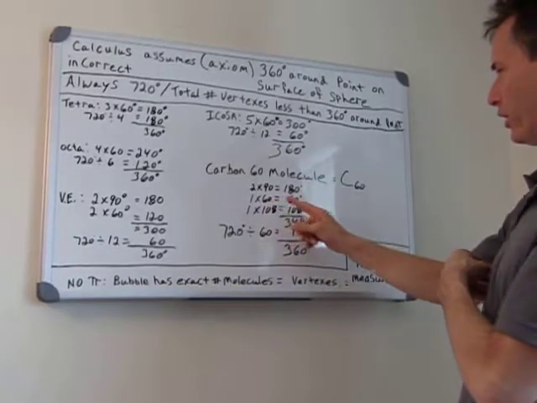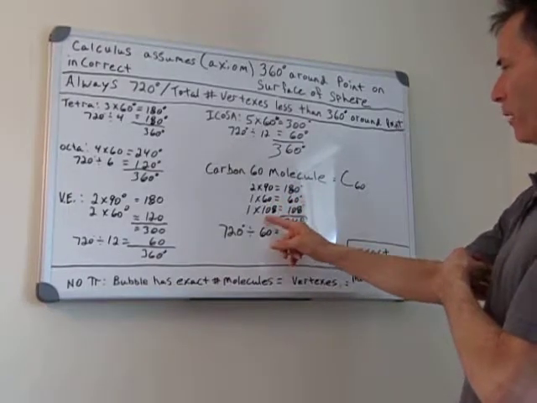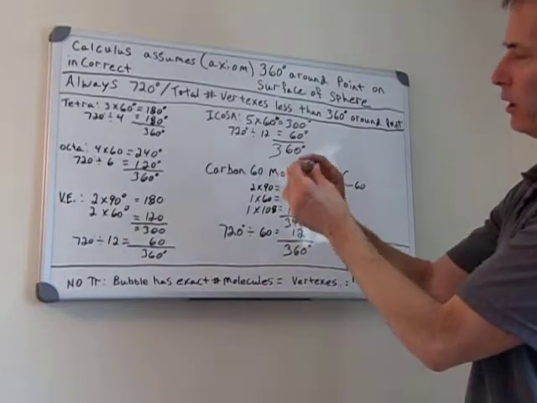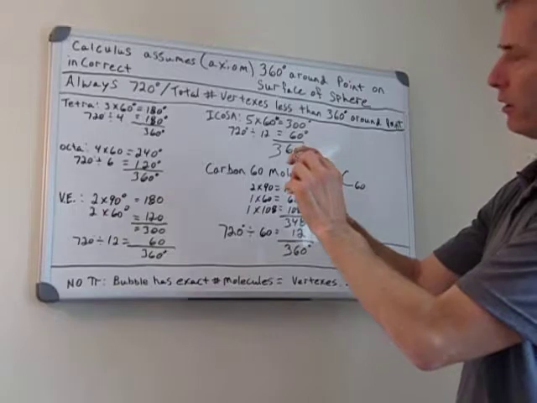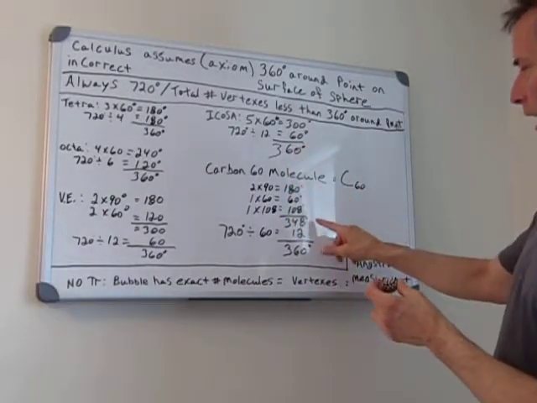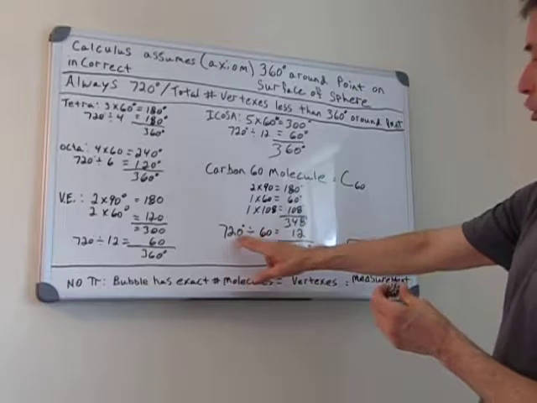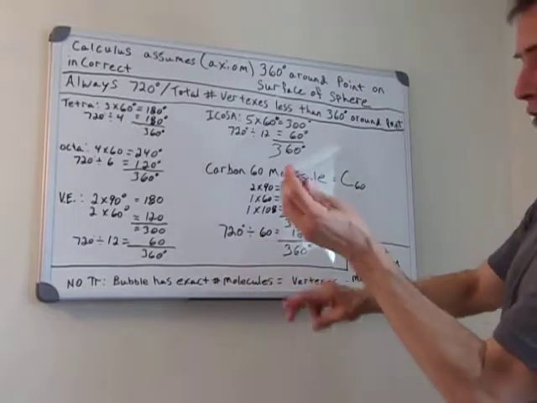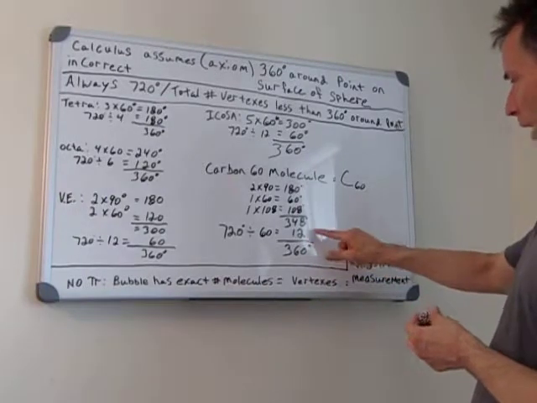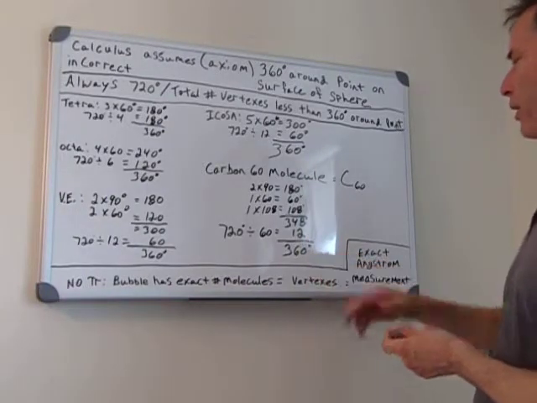The 1 triangle at 60 equals 60. The 1 pentagon at 108 equals 108, for a total of 348 degrees of angular variation around this point on this sphere. 720 degrees divided by the total number of vertexes, 60 vertexes, equals 12 degrees. Add those together, 348 plus 12, 360 degrees.